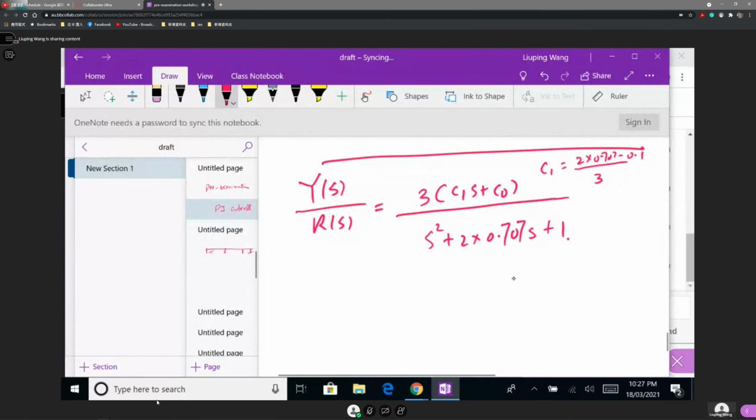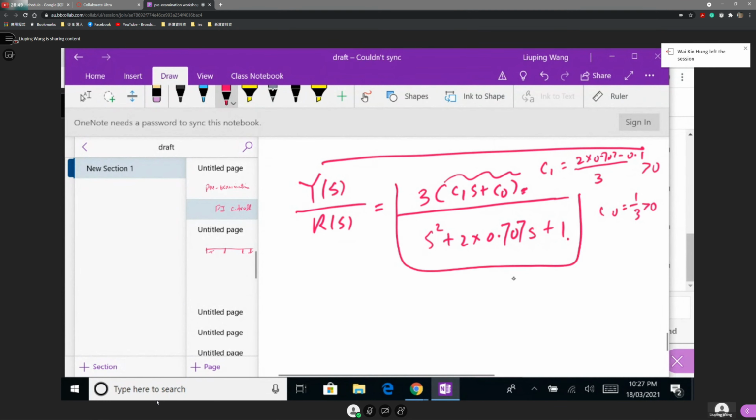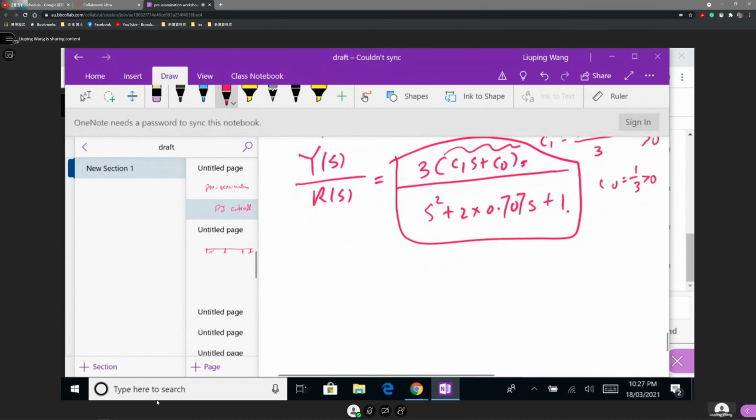So this is positive. And C0 equal to 1 over 3 is positive, right? So you have a zero. So in this implementation, we have a zero.